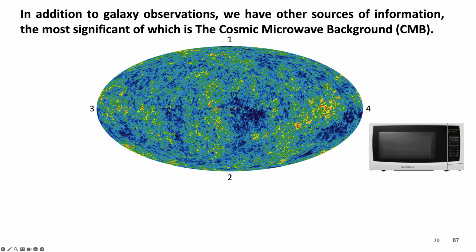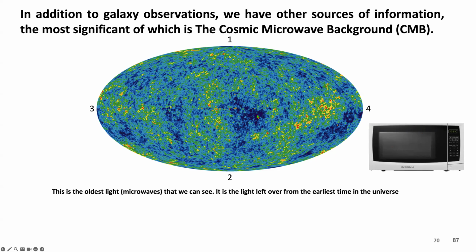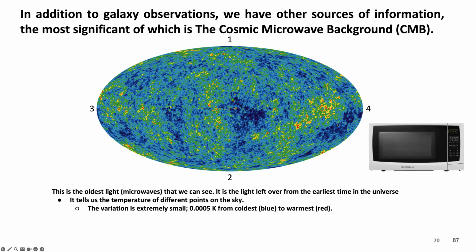And if you took photographs in the wavelengths of the electromagnetic spectrum consistent with your microwave oven, this is what you would get. The interesting thing, and they're different temperatures. The red is warmer, the blue or black is colder. But the interesting thing is the temperature variation across the sky at this wavelength is ultra tiny, 5 parts in 10,000.